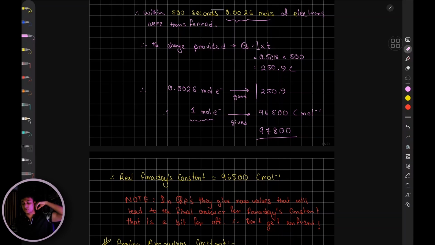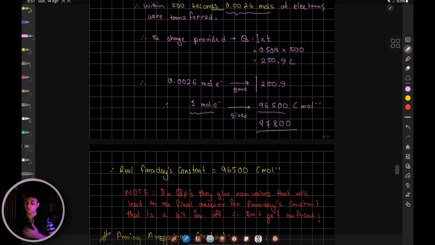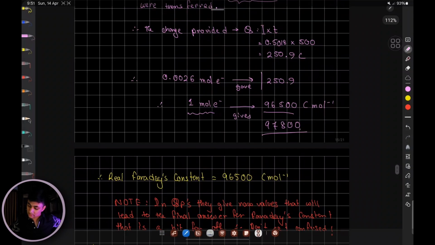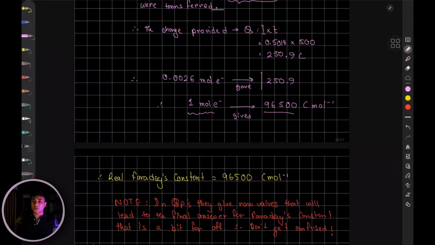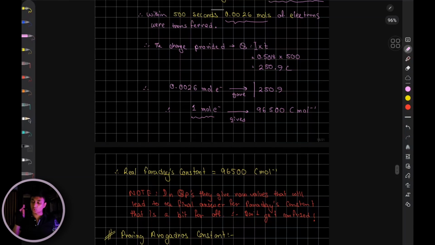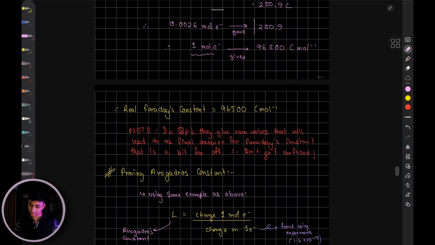That is absolutely all right. And in the MS, you'll see this is the exact answer. So don't worry, or change anything in your answer to make sure it is exactly the same as 96,500. They always somewhat change the data to give you a Faraday's constant that may be a bit deviated from the real amount, right? So in your question paper, the answer you get might be a bit different, but that is all right.